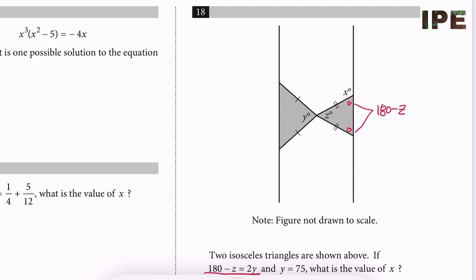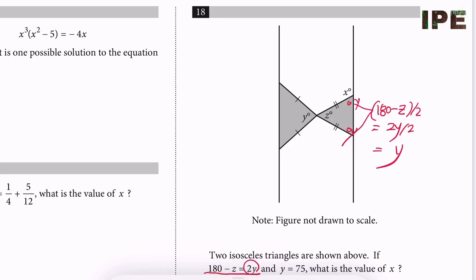And an isosceles triangle has two congruent base angles, so to find one base angle, you divide by 2. The problem says that is equal to 2y, so that divided by 2 is equal to y. So this angle is y, this angle is y.